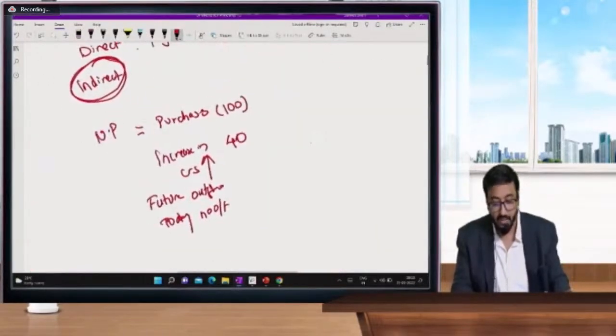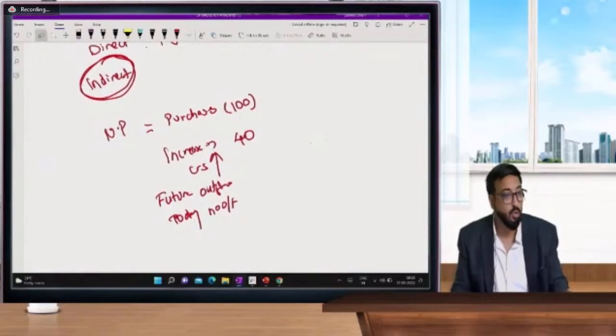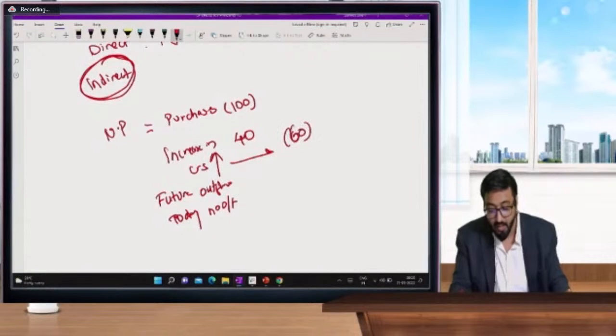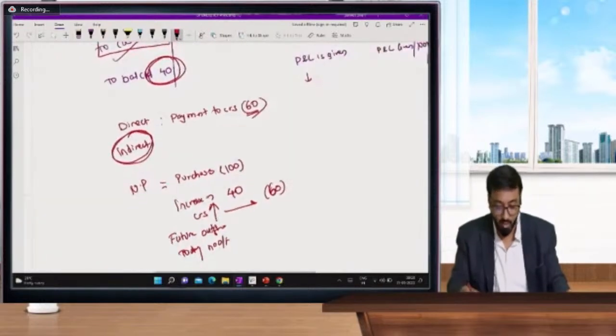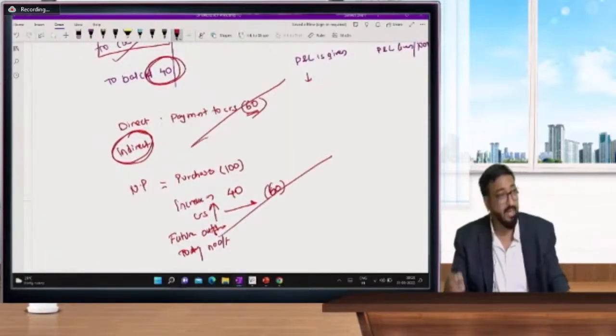So now tell me, increase in creditors is rupees 40. Net impact: 100 negative, 40 positive, 60 negative. So direct and indirect are giving me the same answer.